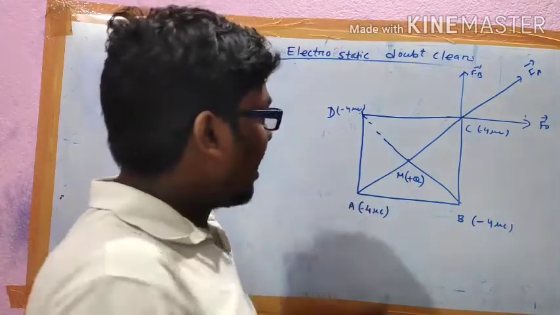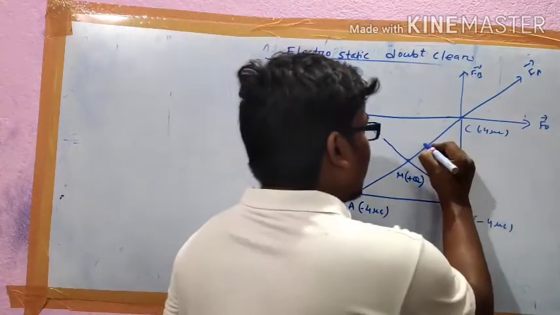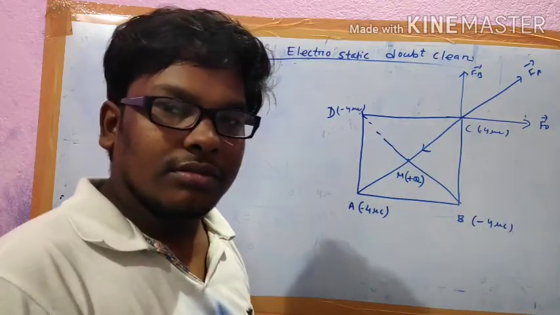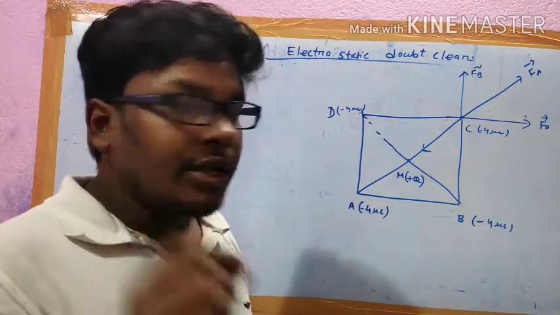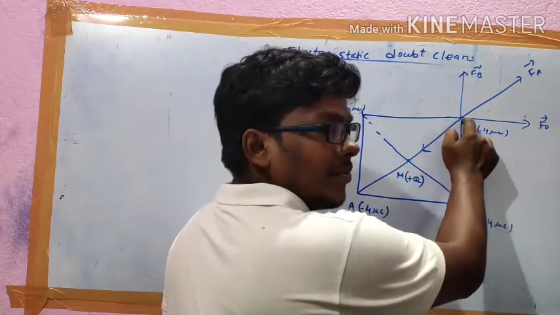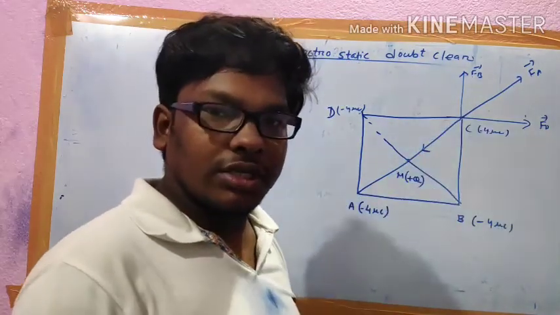Okay, and if point M consists of plus Q charge, it will attract in this direction, right? We just need to maintain equilibrium over here. That means the net force is zero due to all four forces.